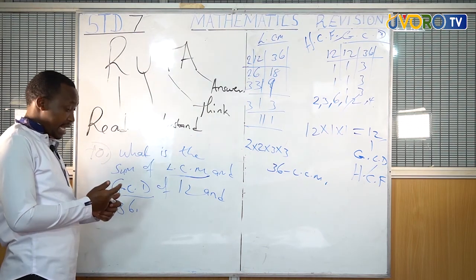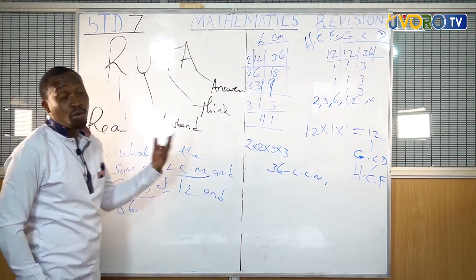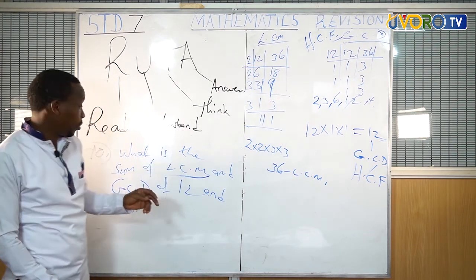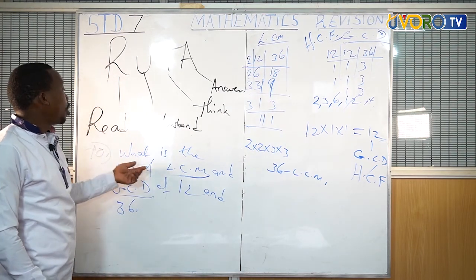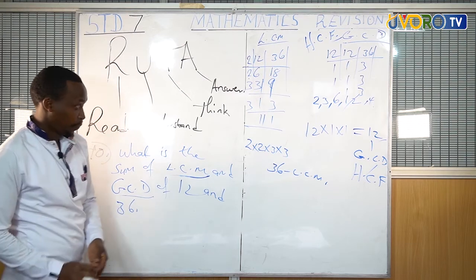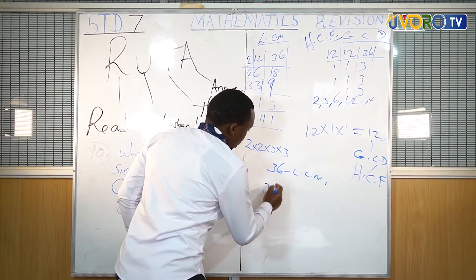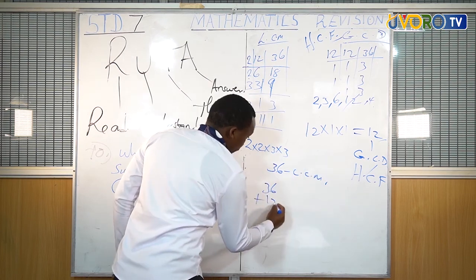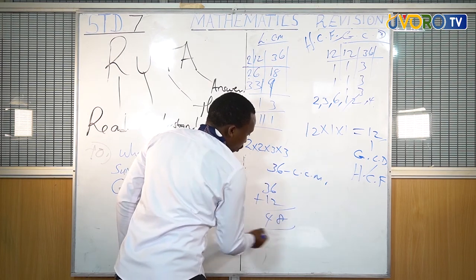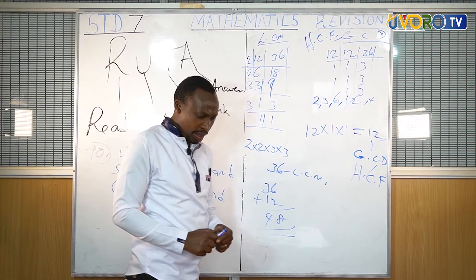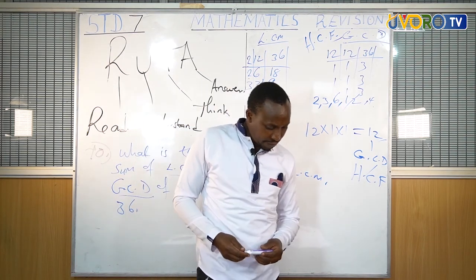You cannot say the answer is 36 or 12 because you have not completed your question. What is the sum of? Sum means plus. That is 36 plus 12. Our answer becomes 48.